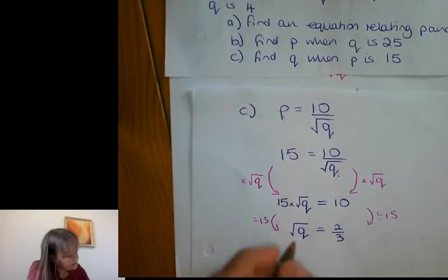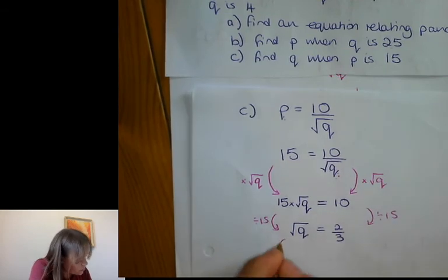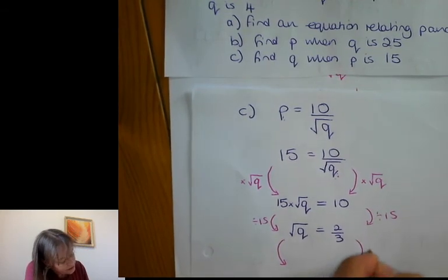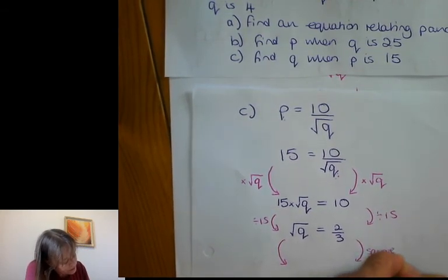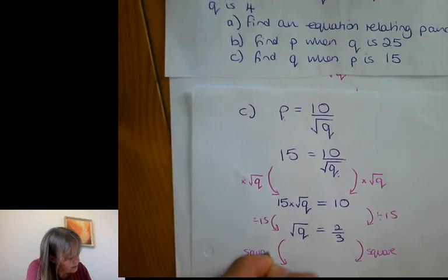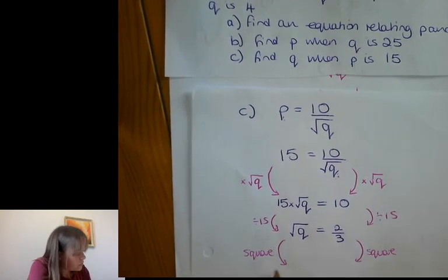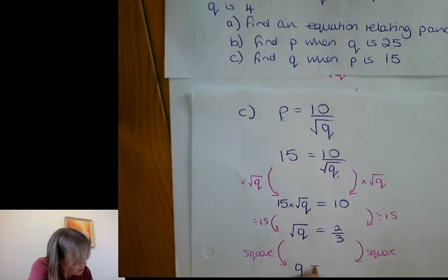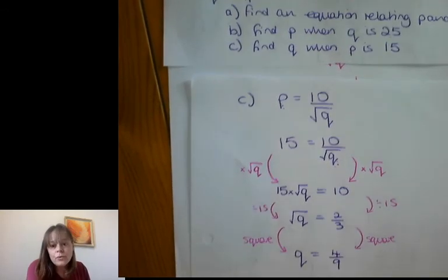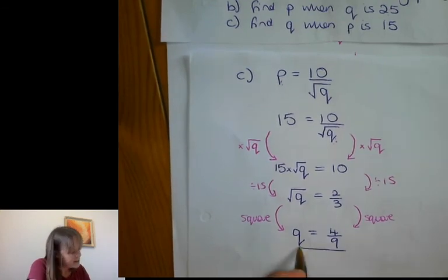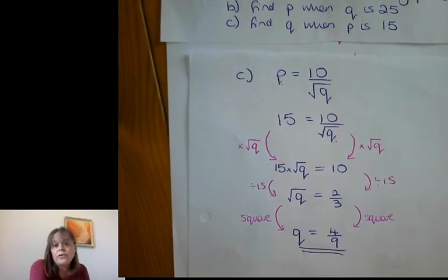And then hopefully you know that if I've got square root Q and I want to find Q, then to get rid of that square root, I'm just going to square both sides. So squaring square root Q gets me back to Q, and I know that when I square 2/3 I get 4/9. You can't see it, but I know that. If you don't know, you can just square that on your calculator. This is a calculator question.